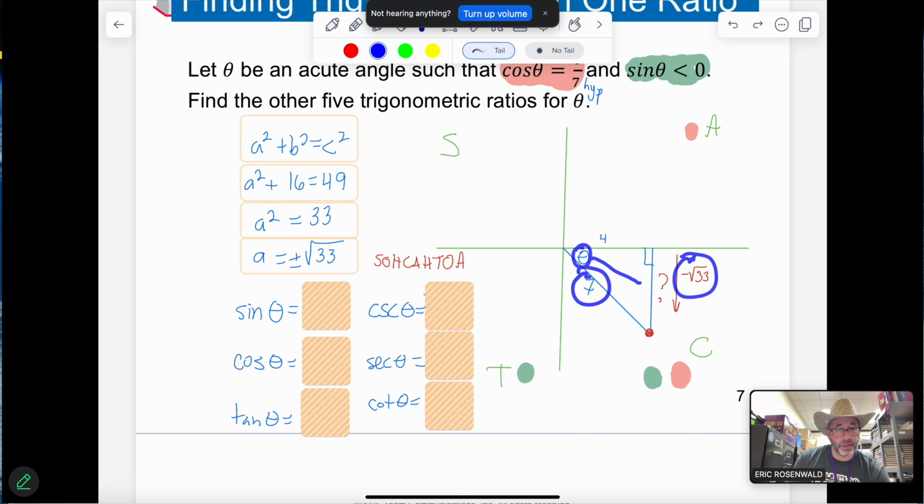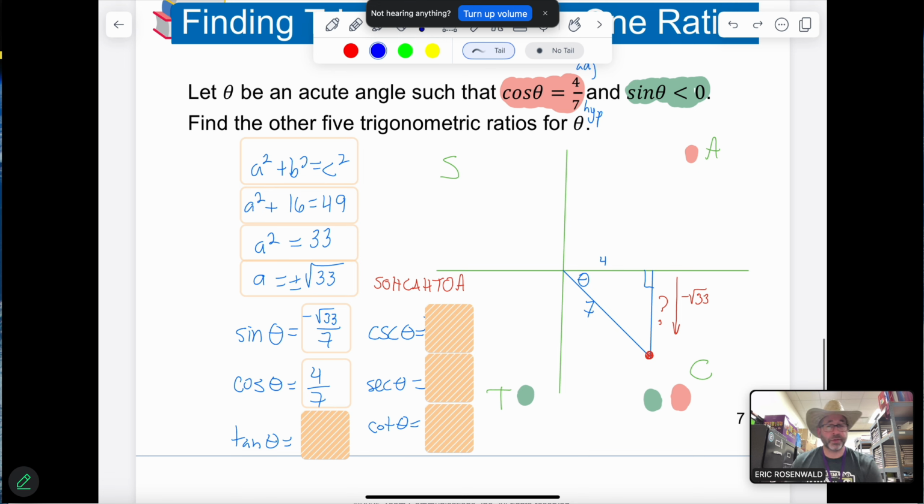So negative root 33 over 7. For cosine of this, we're going to go cosine of the angle is the adjacent side divided by the hypotenuse, which is 4 over 7, which we already have in this problem given to us. Okay, tangent is opposite over adjacent. So here's my opposite side, here's my adjacent side. Opposite over adjacent would be negative root 33 over 4.